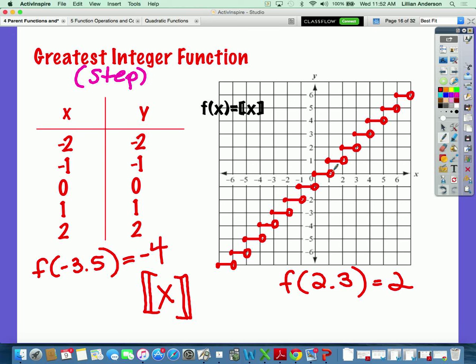It tells you where your defined point is, and then it goes over 1 unit, and it's undefined at that next unit over. What if I asked you f of negative 1? It would be negative 1. It wouldn't be negative 2 because it's undefined there. It's defined at negative 1. So just be cautious if you ever had to evaluate that.